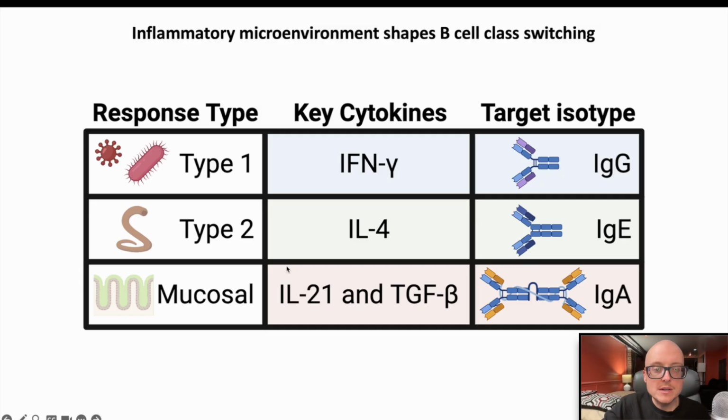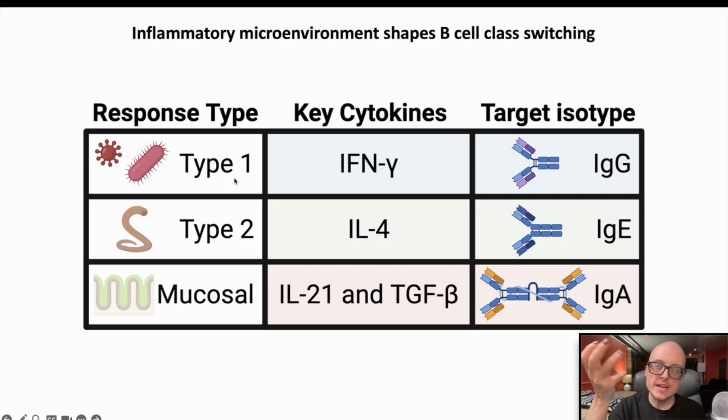And what I want to point out here is that there are three major types of responses. As usual, this is a bit of an oversimplification, but I think it's a good place to start for understanding these concepts. In general, the types of immune responses that we mount to viruses and bacteria are classified with the umbrella term as a type 1 immune response.